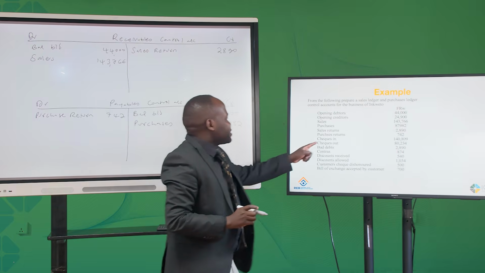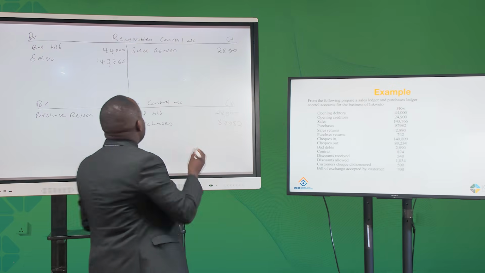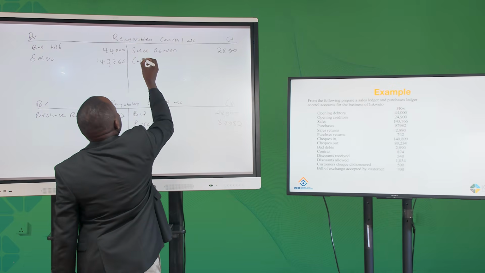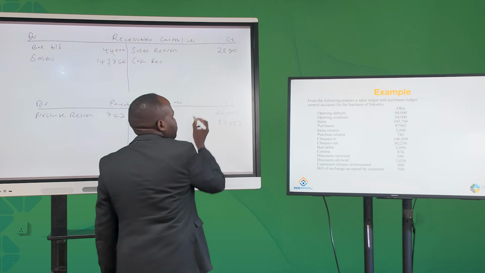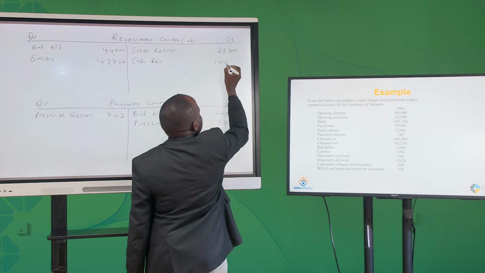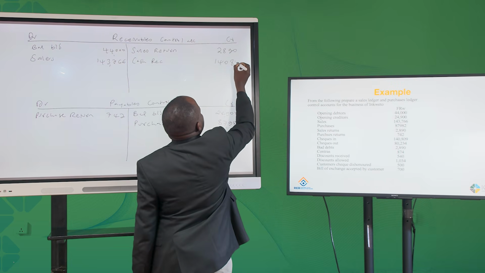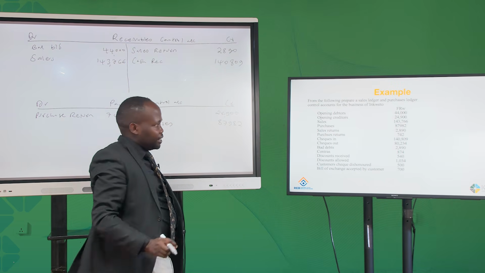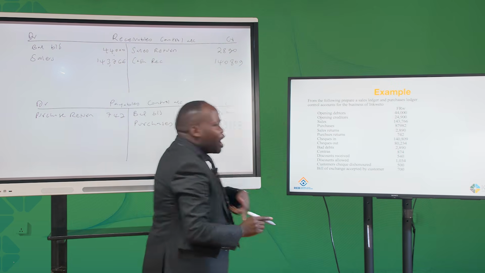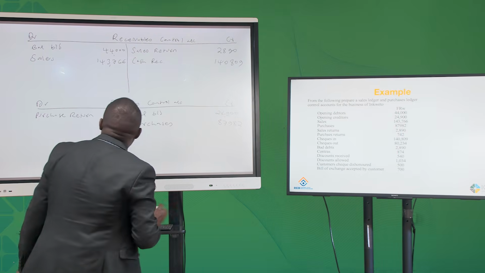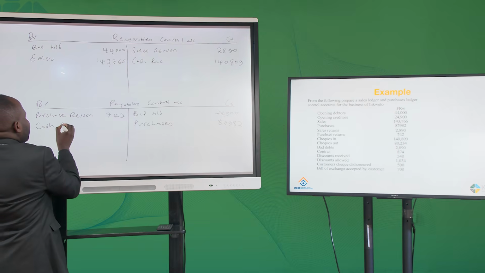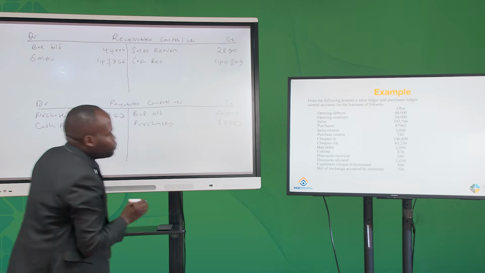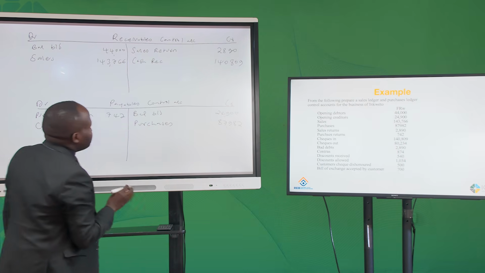Next, checks in. These are checks received, so that is cash received, of course, through checks. Checks in is 140,809. Next, checks out. These are checks paid out, so cash paid through check. Checks out is 80,234.